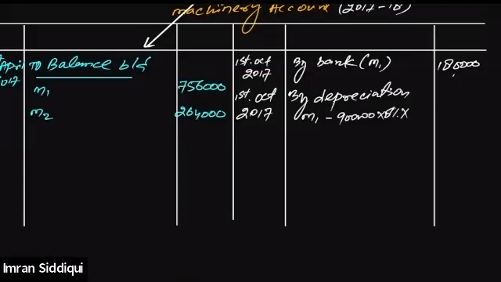For 6 months only, starting from April, May, June, July, August, September. Till September only, we'll calculate depreciation. That means 6 by 12, so this will be, I guess, 36,000, right? Depreciation will be 36,000 on machine one for 6-month period. Got it? So now pay attention, try to understand.